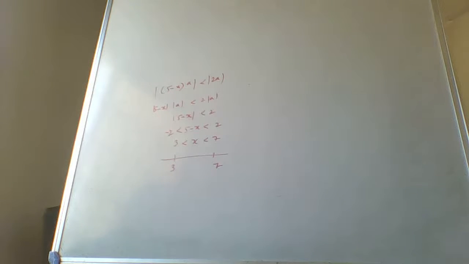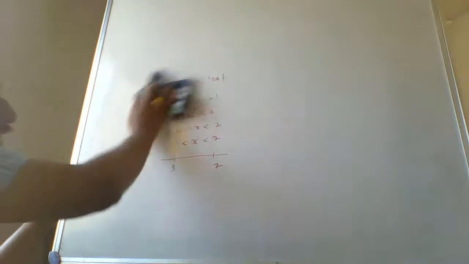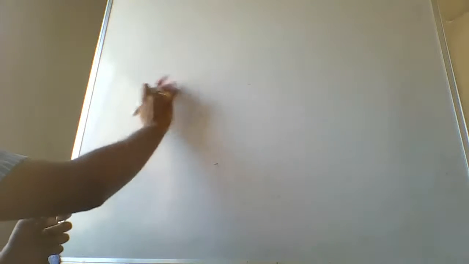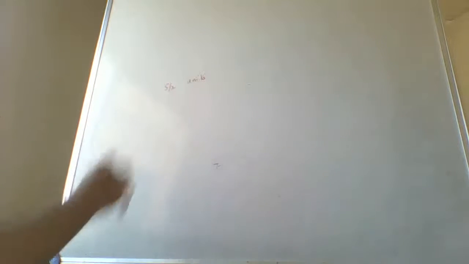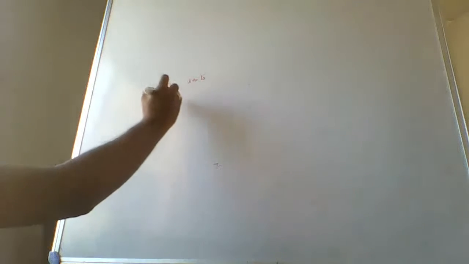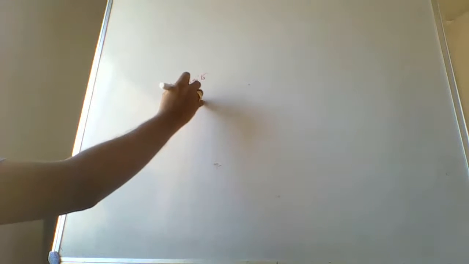Now let us find the vector of magnitude 5 by 2 units which is parallel to the vector 3i plus 4j.